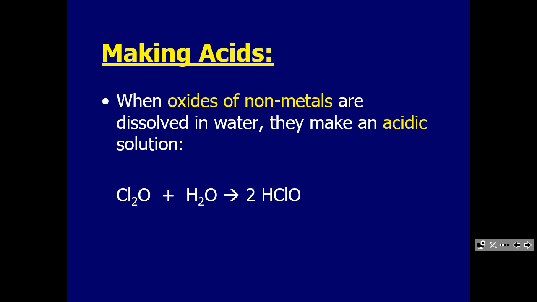So if I take carbon and I burn it and I get carbon dioxide and I put it together with water, I get carbonic acid. And if I take sulfur and I burn it in oxygen and get sulfur trioxide and I react it with water, I get sulfuric acid, all right? So acids are generated when nonmetals are burnt and then dissolved in water, okay? That's why it's called oxygen.